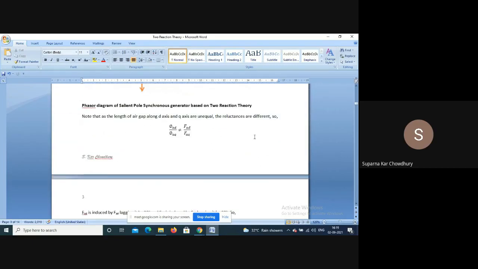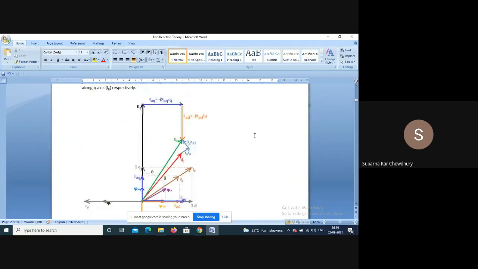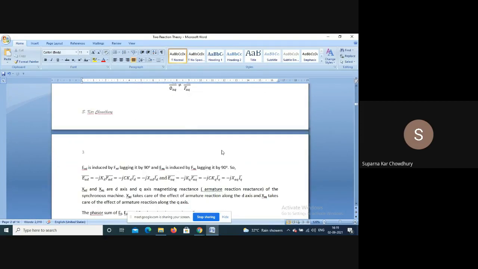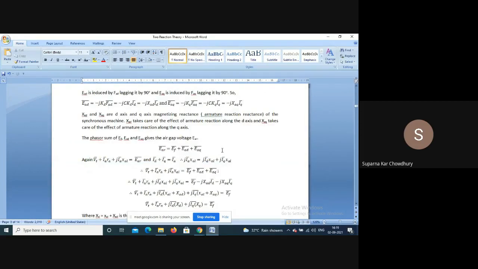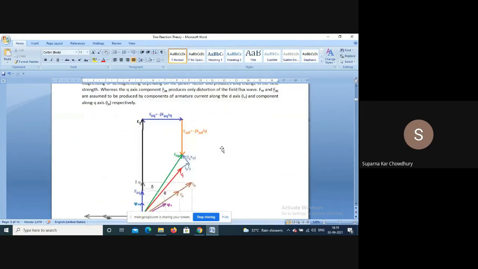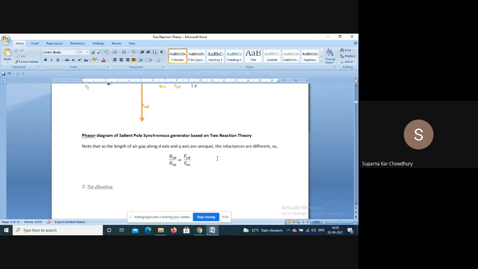Now EAR, the air gap voltage, is equal to VT plus IA RA plus j IA XAL. And similarly, EAR is equal to the summation of EF plus EAQ plus EAD.